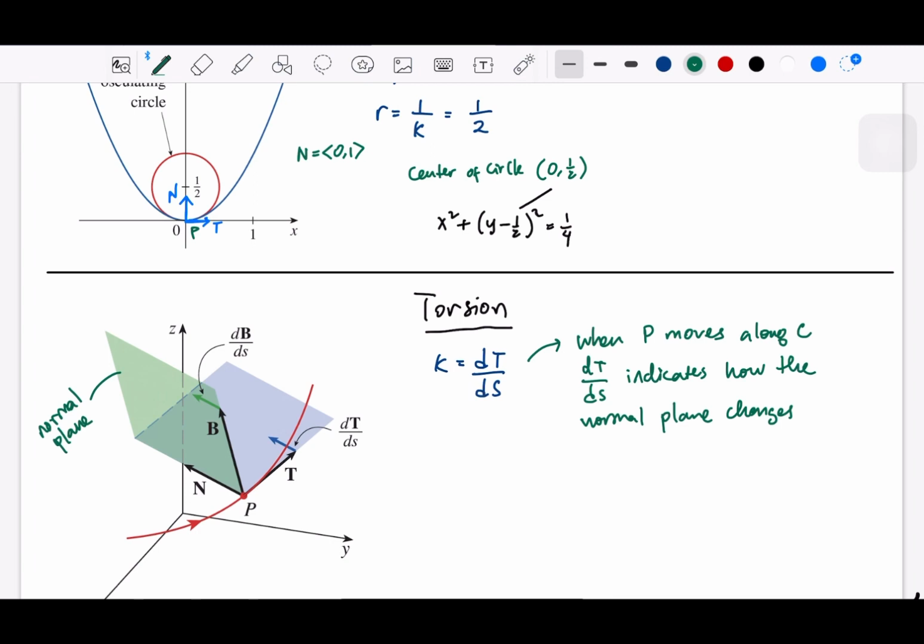And also the vector dt ds is parallel to vector n.